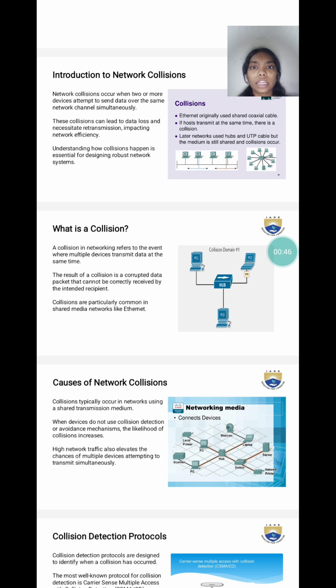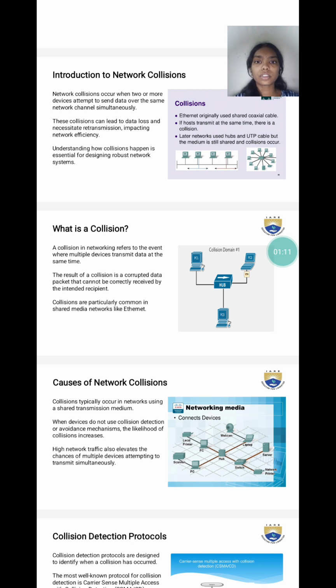Here, in network collisions, two or more devices send data to the same network simultaneously. The disadvantages are that it leads to data loss, necessitates retransmission, and impacts network efficiency.